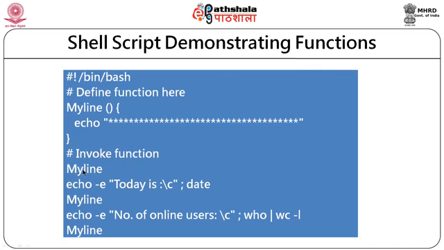So, what I want in output is I want the asterisk line printed thrice. When I call myline over here, it will display the asterisk line, then the date will be followed, again there will be asterisk line in the output, and again there will be number of users, and finally the last line will be asterisk line displayed by the myline function.